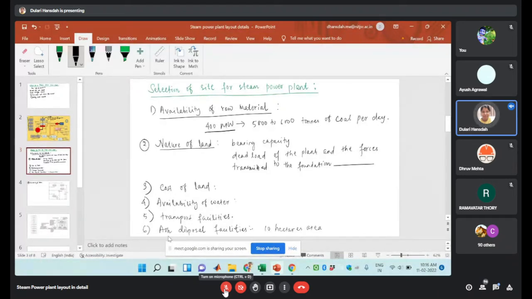But nowadays the solution is there, means people are using this ash for making bricks and other preparations also. In case of the plant, they will have a location where they will dump it and store it. Storage means they will dig and keep it there, up to a certain height.